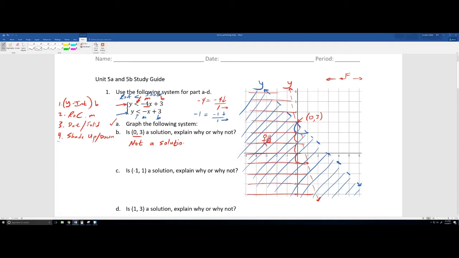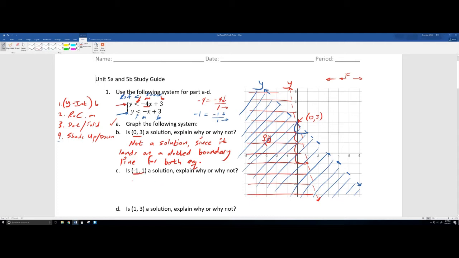It's false, since it lands on both boundary lines, but on a dotted boundary line for both equations. So be aware of that.